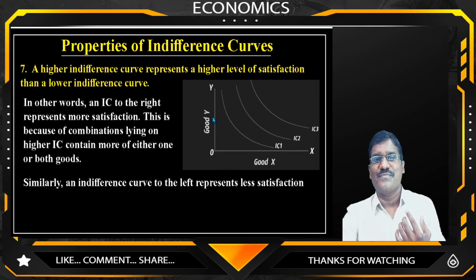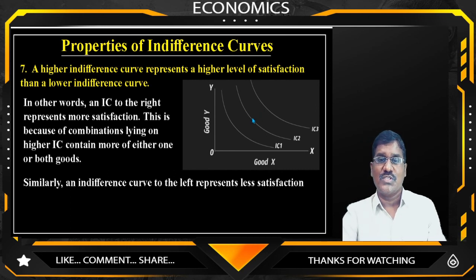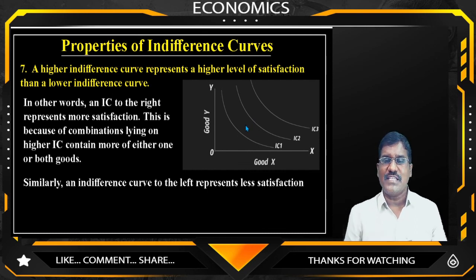IC3 gives more satisfaction than IC2. This is called an indifference map. A higher indifference curve represents a higher level of satisfaction than a lower one. So these are the properties of indifference curve.